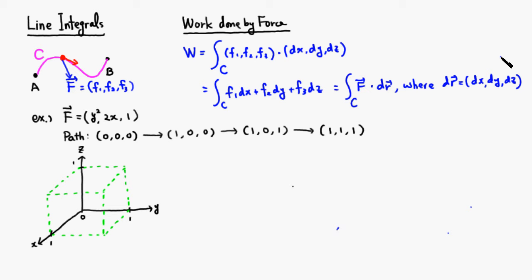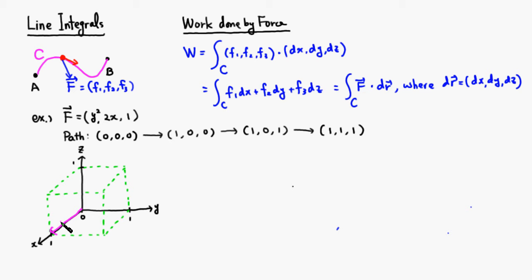All right, so let's look at a simple example here. You have a force given by the vector y squared comma 2x comma 1. The path goes along a straight line from 0, 0, 0 to 1, 0, 0, which means you walk along the x-axis.